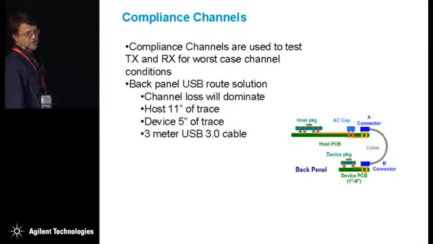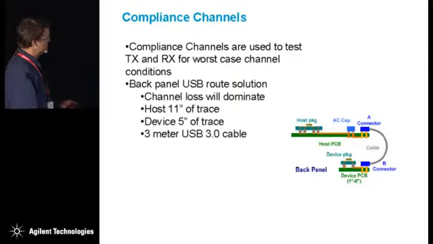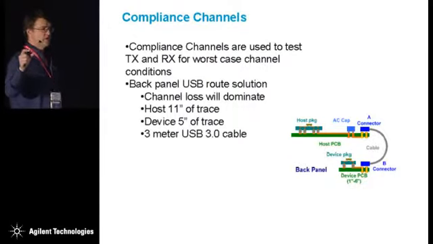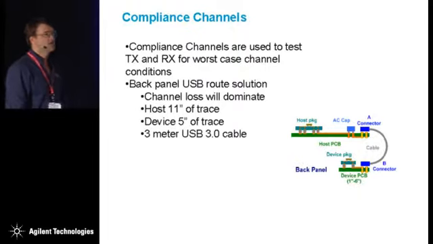So the channel definitions are different from the host to the device, and obviously it's because there's different trace lengths that are required to get from the chipset to the connector based on whether it's a PC or host or a device. So for transmitter testing, channel loss dominates. So it's actually the length of FR4 that you add in the path that causes the biggest degradation or the highest amount of ISI.